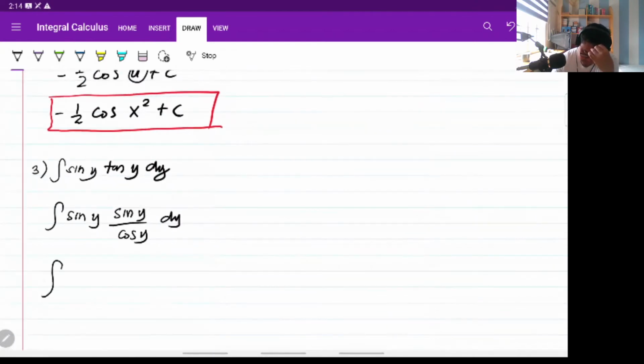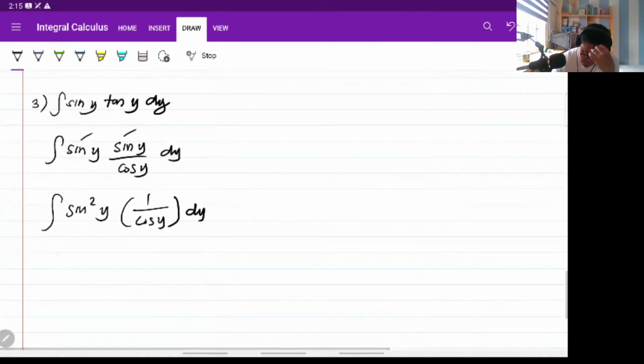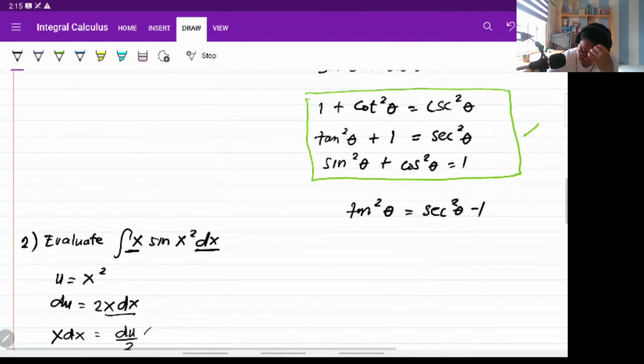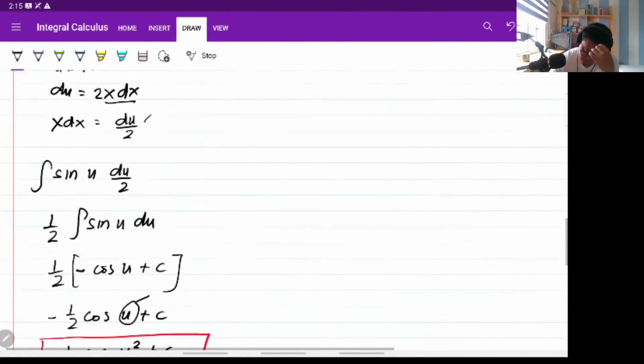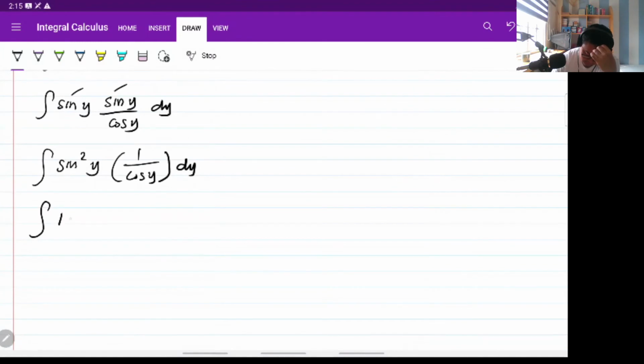So this becomes sine squared y over cosine y, dy. The integral of sine squared y, I can replace using our trigonometric identities by 1 minus cosine squared y, all over cosine y, dy.